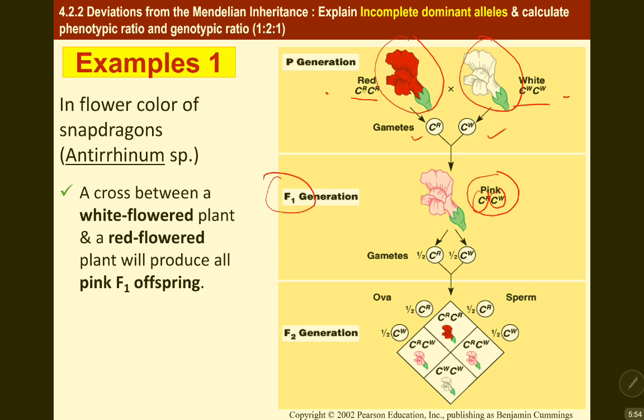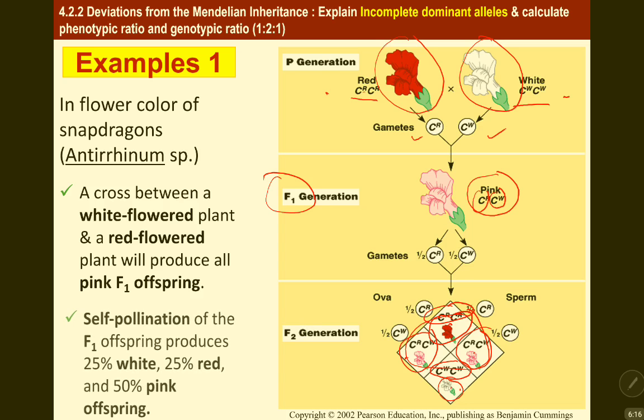So for the F1 generation self-cross, they produce one red when they have CRCR, one white when they have CWCW, and two pink, CRCW. So it's not 3:1, but 1:2:1. Okay, so this is deviation from Mendel's law.